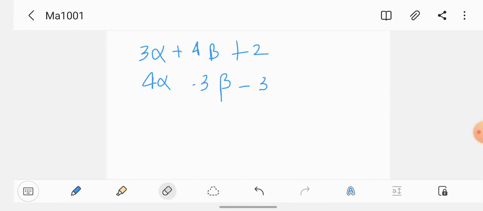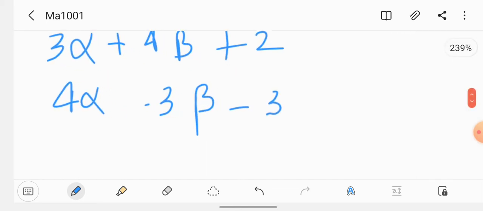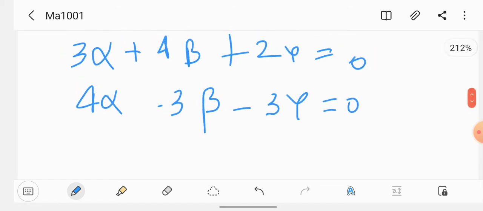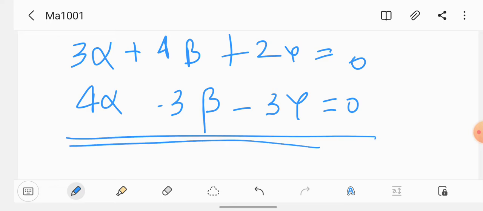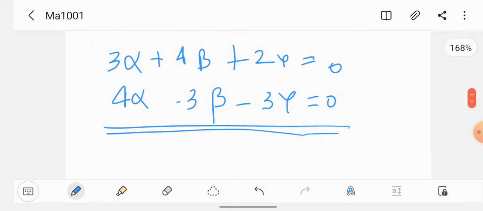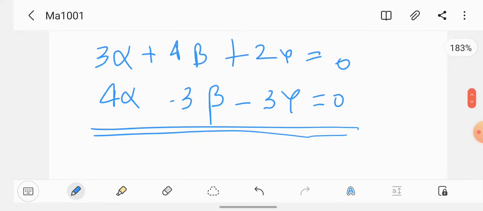Here we got these two equations, so let me solve them. For the first equation we multiply by 4: 12 alpha plus 16 beta plus 8 gamma is equal to 0.